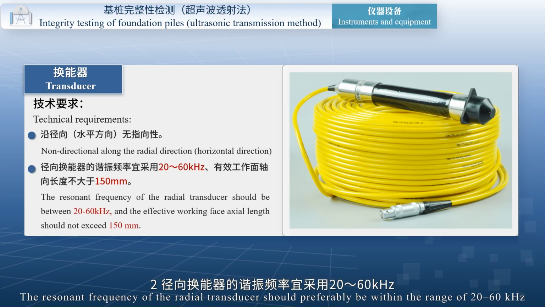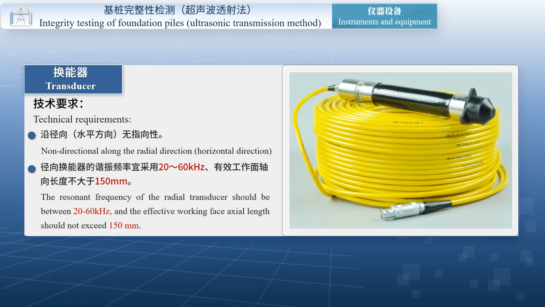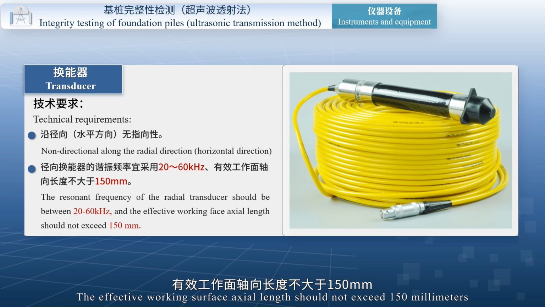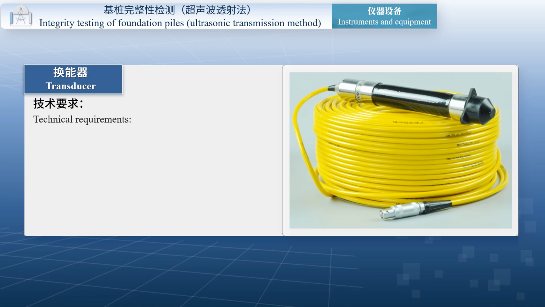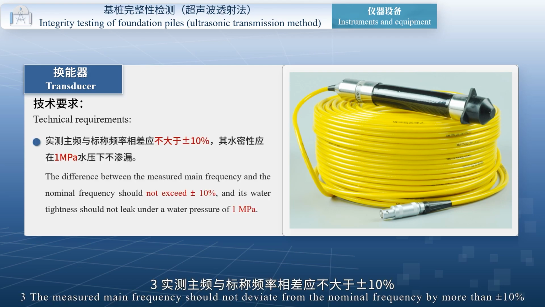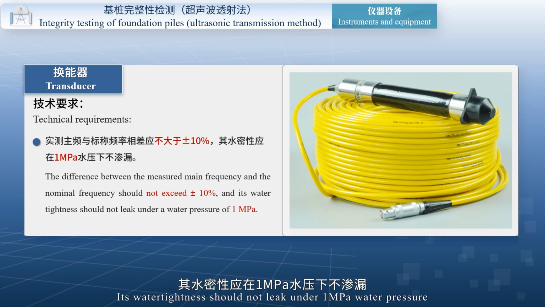The resonant frequency of the radial transducer should preferably be within the range of 20–60 kHz. The effective working surface axial length should not exceed 150 mm. The measured main frequency should not deviate from the nominal frequency by more than plus or minus 10%. Its watertightness should not leak under 1 megapascal water pressure.